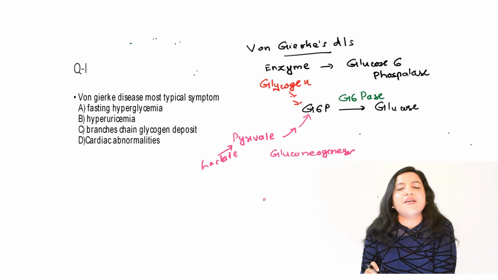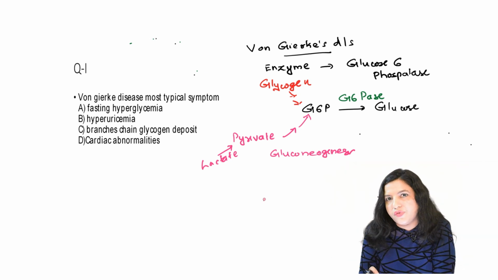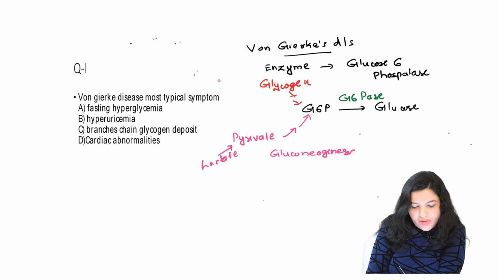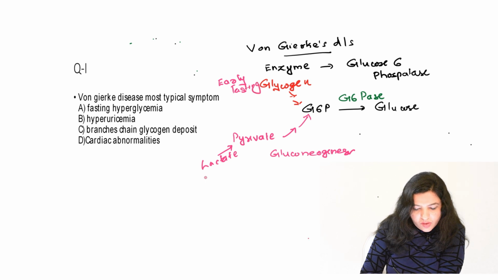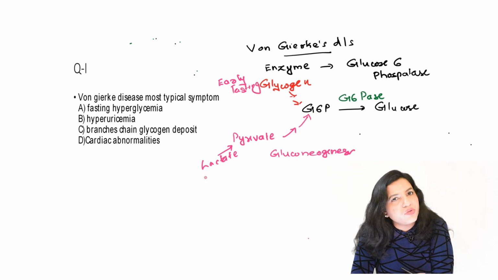So if this enzyme glucose 6-phosphatase is deficient, the final step of two pathways is affected. One is glycogenolysis, the second is gluconeogenesis. What is the role of glycogenolysis? The role of glycogenolysis is in the stage of early fasting. What's the role of gluconeogenesis?